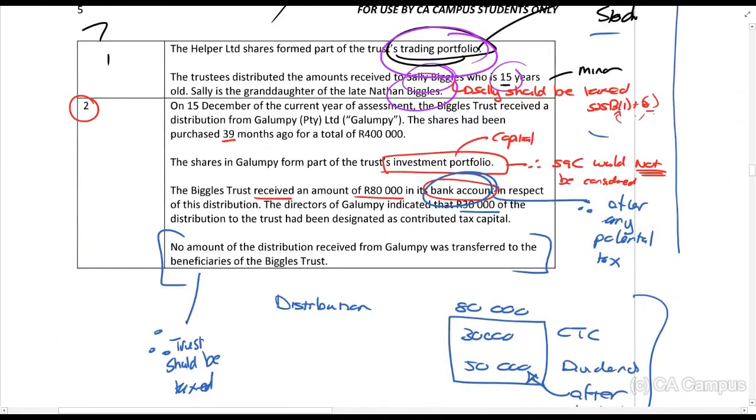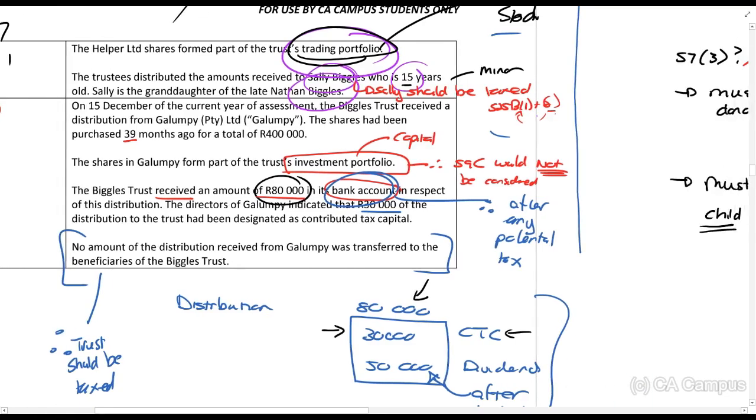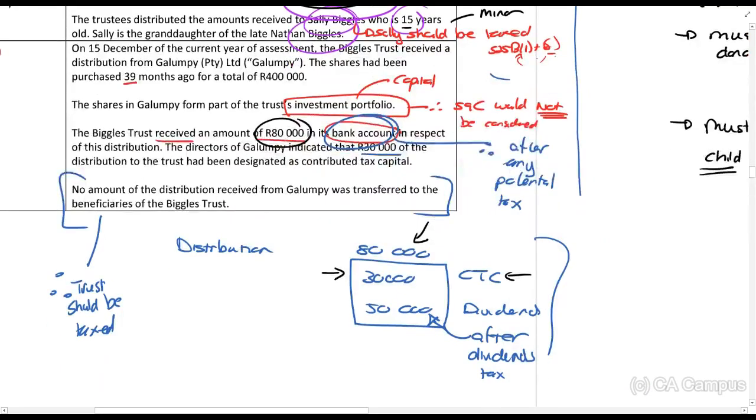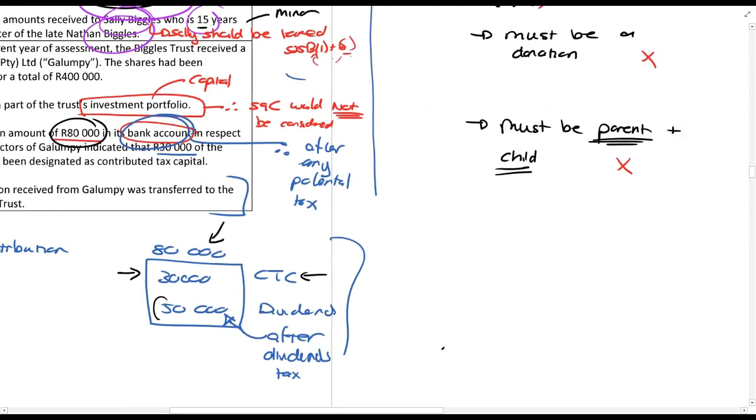Right, and then we have the Galumpi, number 2. Now in Galumpi, the situation here is we are just receiving money. We received a distribution of 80,000 rands in our bank account. 80,000 rands has 30,000 rands in it of contributed tax capital. Contributed tax capital is not subject to dividends tax. So the remaining 50,000 rands was subject to dividends tax. So what I want you to see is, 50,000 times 100 over 80 gives us the amount before dividends tax.